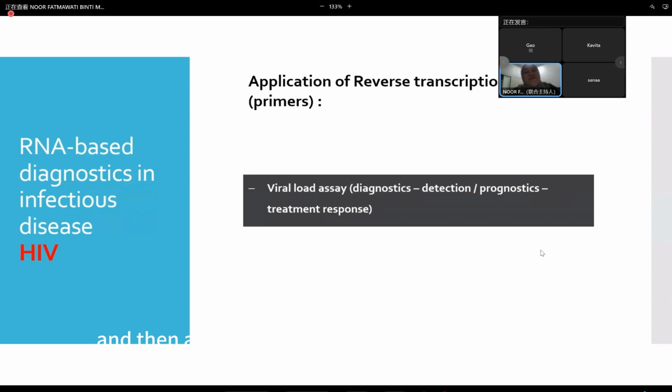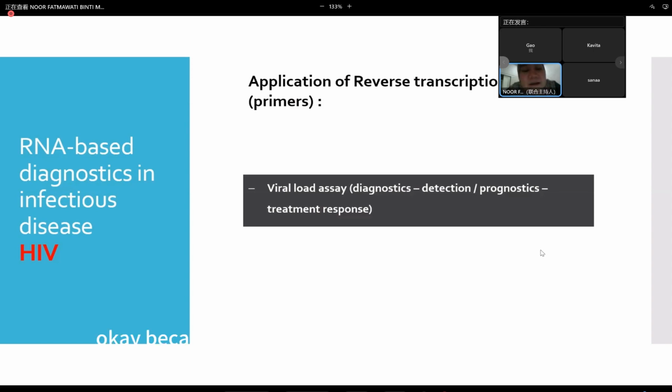And then also for infectious disease, another famous one is HIV. We use reverse transcriptase real-time PCR to do a viral load assay of HIV. Because as we know, with HIV, we measure viral load to check what stage the patient is at, whether it's HIV or it's already at the AIDS phase.